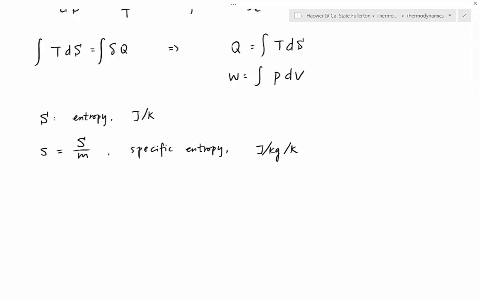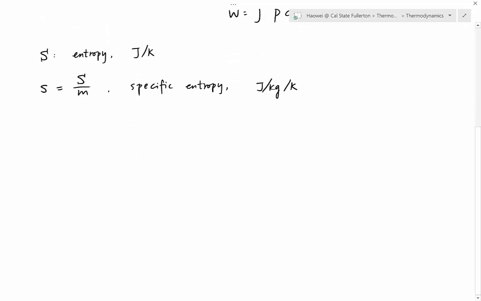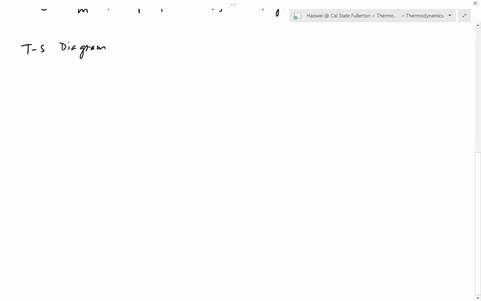Now the next one we introduce is the T versus S diagram. Let's recall, we have something very similar. Before today's class, we introduced the P versus nu and T versus nu diagrams.